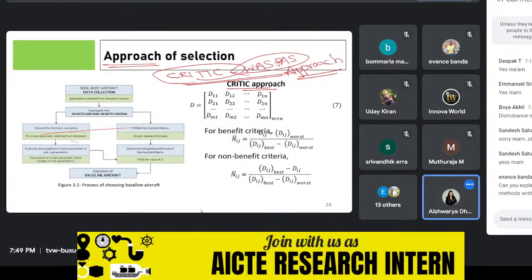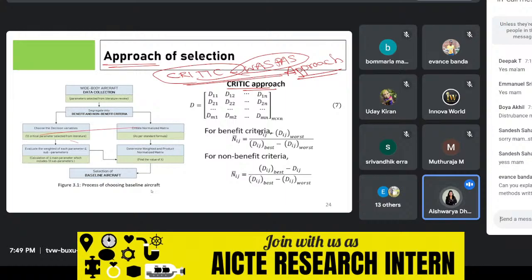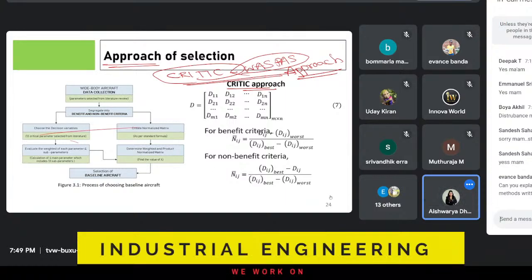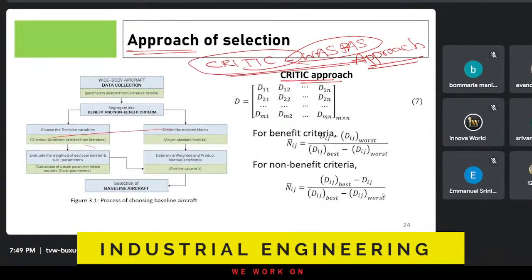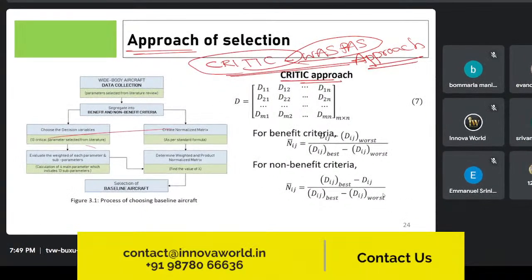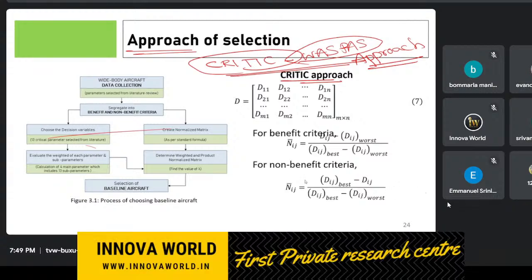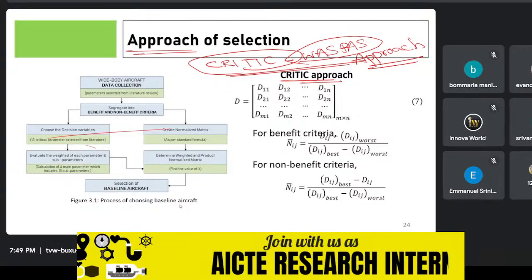Is it clear? Now, can anyone please read for me what is written in the caption of this figure? Can anyone please read it out? Anyone?